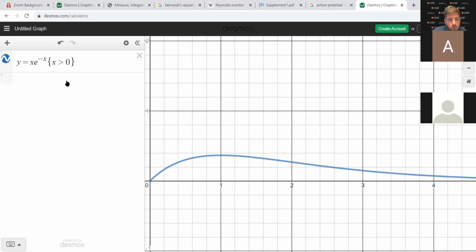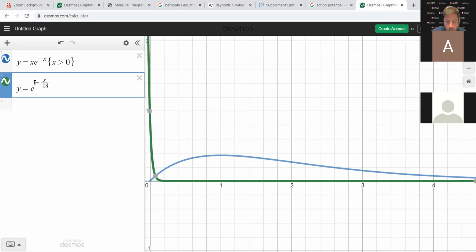So if you look at the solution for that, what did you see? Well, you solved that in homework 1. What does the solution look like? And then we also did something like y equals e to, say, negative x over, I think I gave you like 0.03, and then this was minus e to the negative x divided by 0.04.